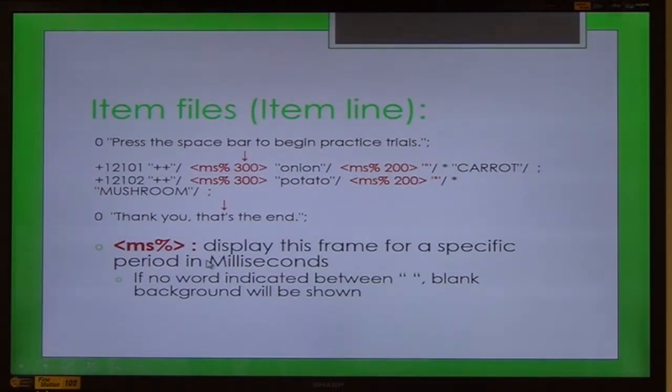This one again is in milliseconds, not tex, milliseconds. And if you type ms percent 200, that means you want to present this frame for 200 milliseconds. And you may note that for this frame, there is no word written between two colons, right? So that means it is a blank.